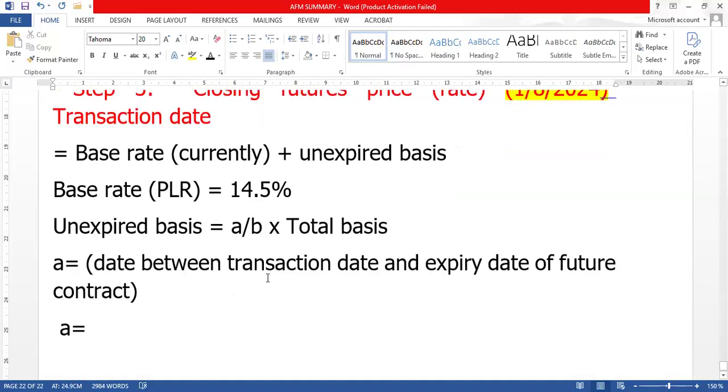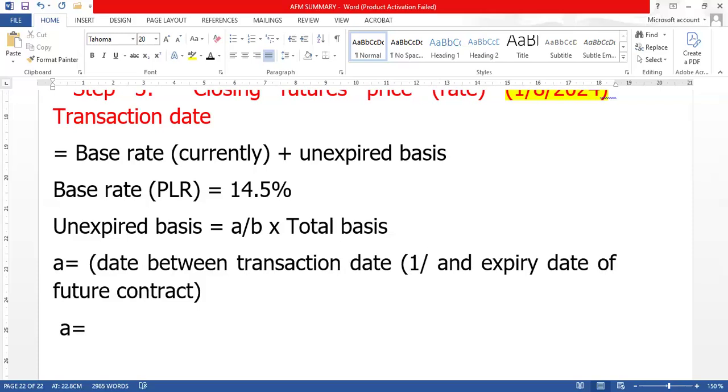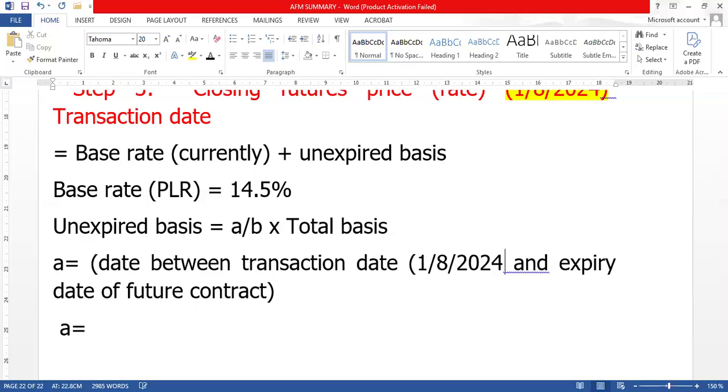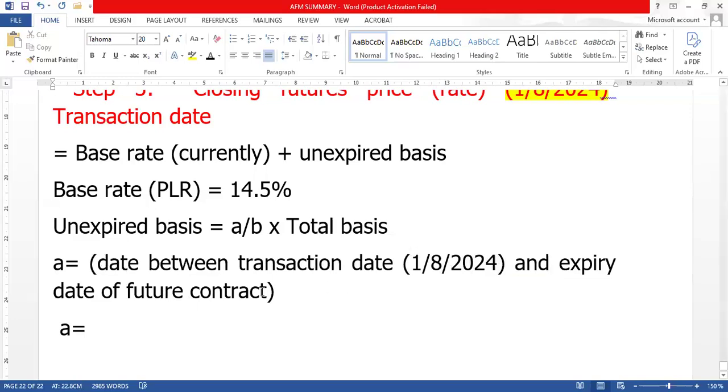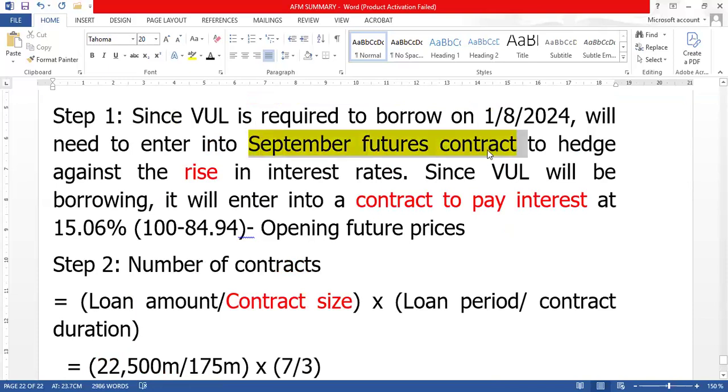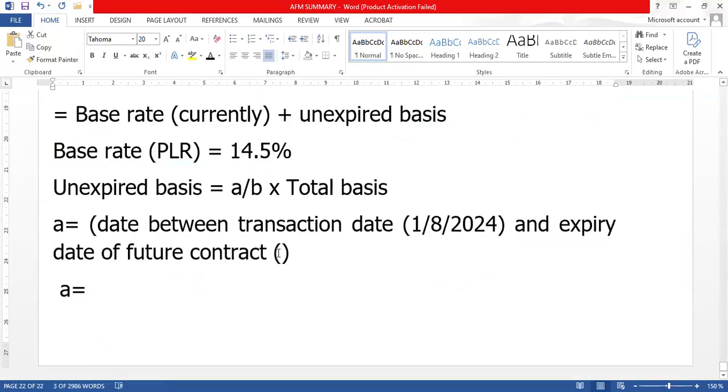The transaction date, like now, is 1st August 2024. Then what is the expiry date of the futures contract? This September contract will expire on which date?